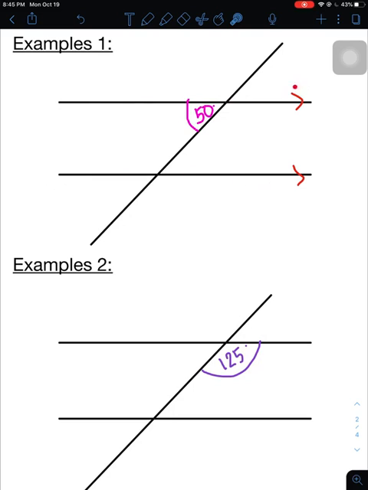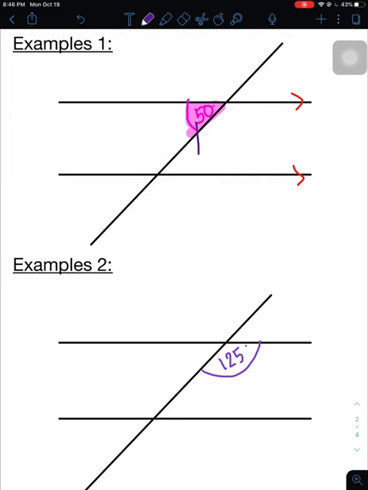All right, so example number 1. We have these two lines that are parallel, and I know this because of the little symbol. And they gave me angle 50, this angle right here. It's interior because it's in between the two parallel lines. It's not on the outside, right? It's on the inside.